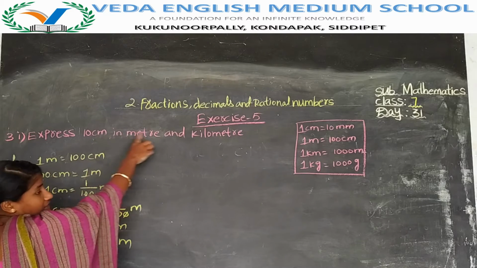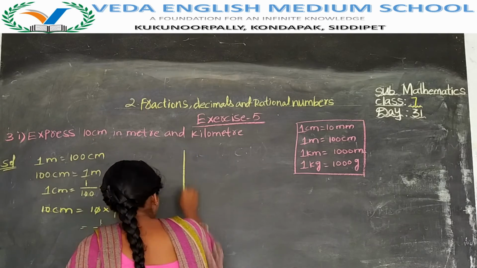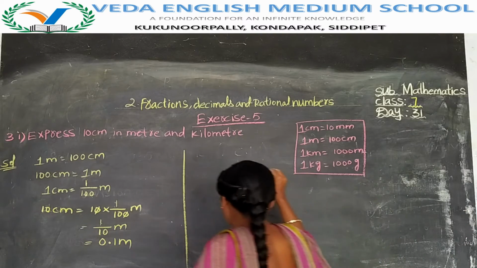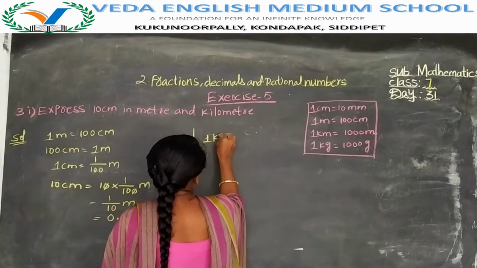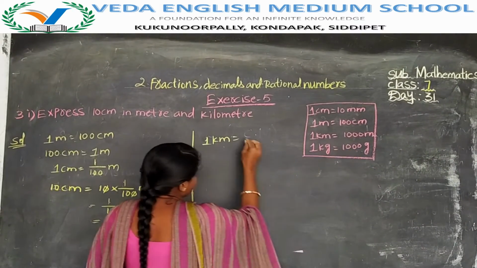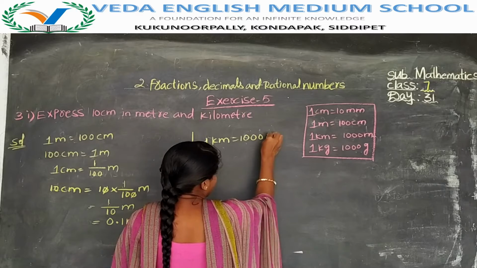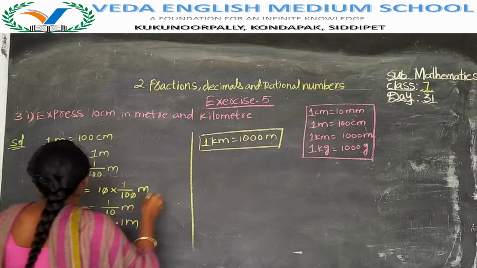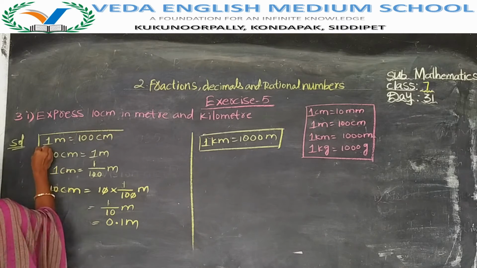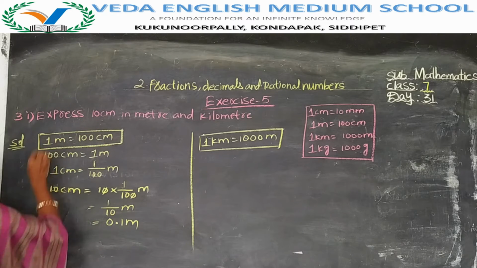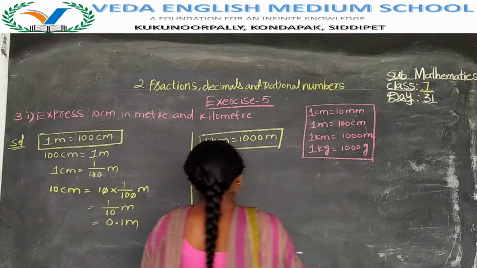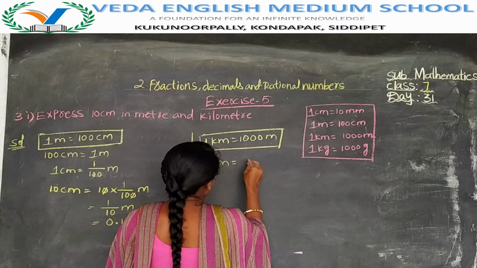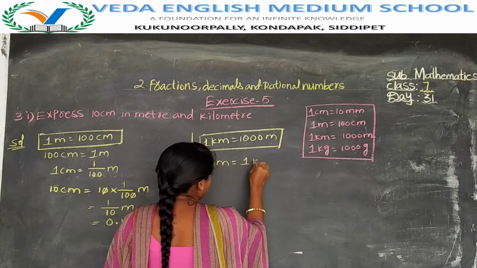Next we have to convert this 10 centimeters into kilometers. Here they have given 1 kilometer is equal to 1000 meters. Now write like this: 1000 meters is equal to 1 kilometer.